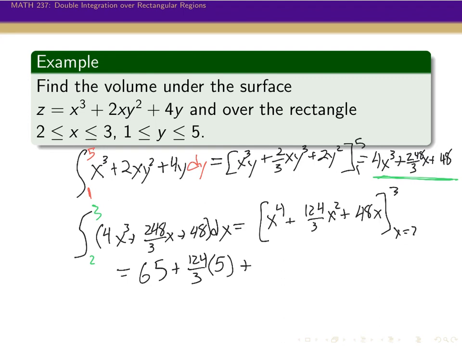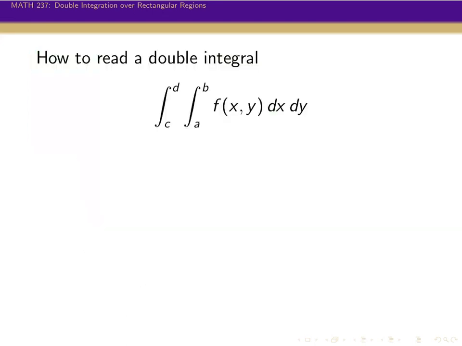Plus, at the end, we have 48 times 3 minus 2, which is just 48. And so if you go back, this is exactly the same thing that we got from before. So same as before. And so the order really doesn't matter here. The order in which we do this doesn't matter.